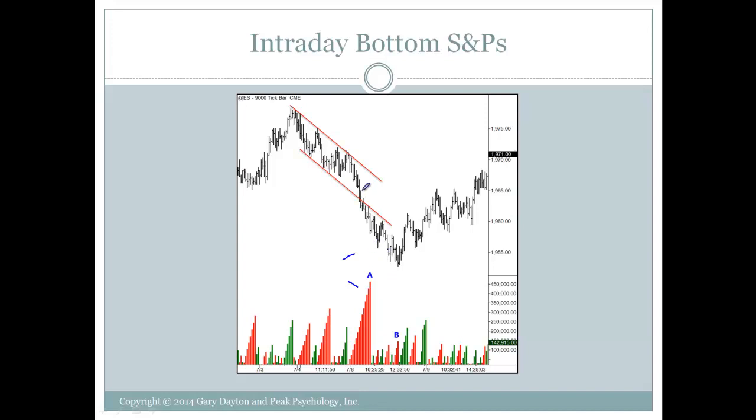If we look at the thrust coming down, we have a thrust here, a thrust here, then a little thrust here, and an almost tiny thrust here, right? So we have that shortening of the thrust, and the volume just diminishes right down.